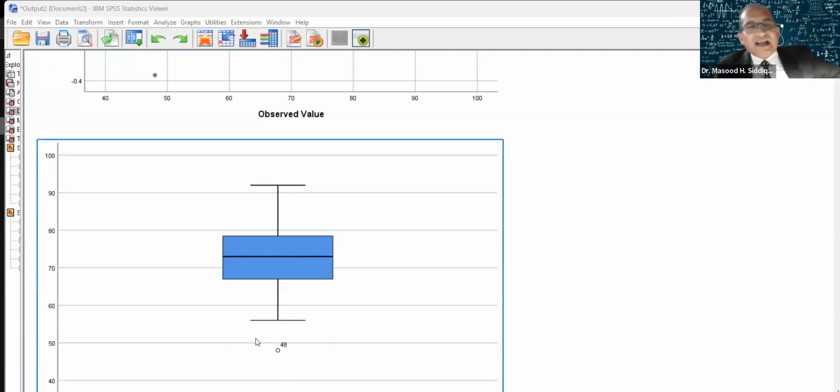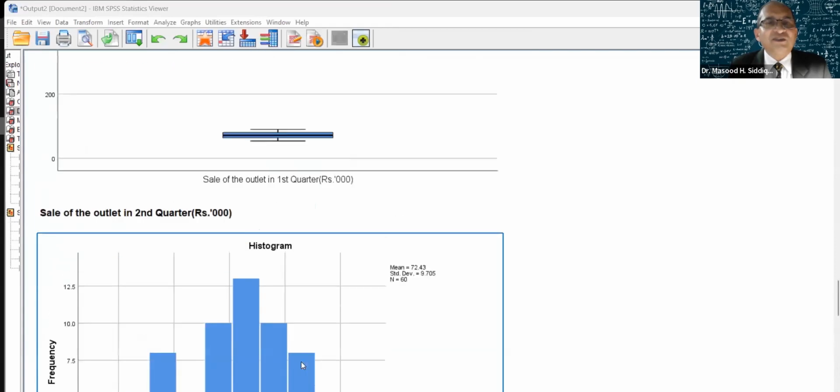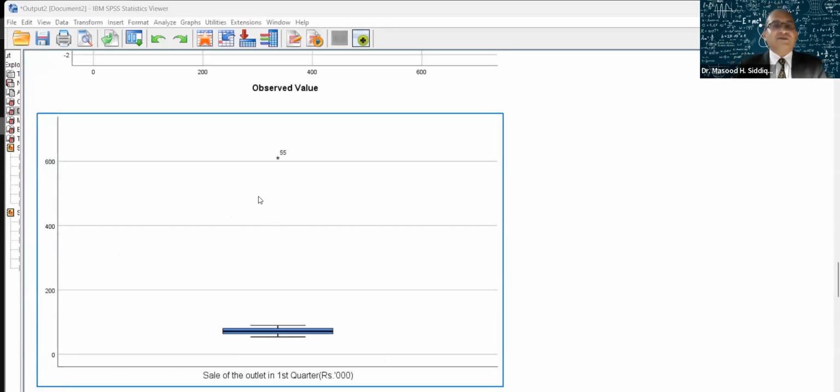But here the gap is not that much, and a circle is being used. So the software is suggesting that this value, situated at case number 48, incidentally the value is also 48, can be taken as an outlier. But this value situated at case number 55 has a big value that should be taken as an extreme value.